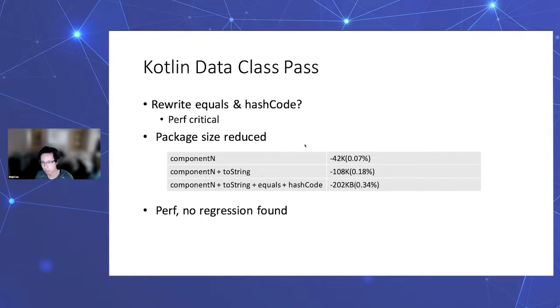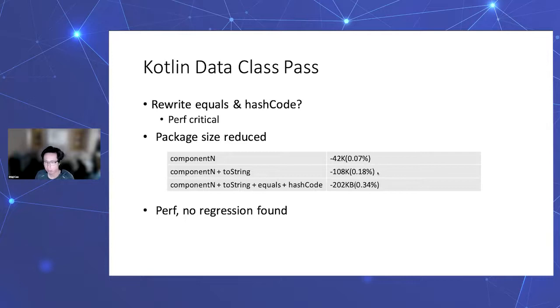Now let's look at how much package size reduction these strategies can achieve. If we only implement reducing component to getter, we can reduce the package size by 0.07%.